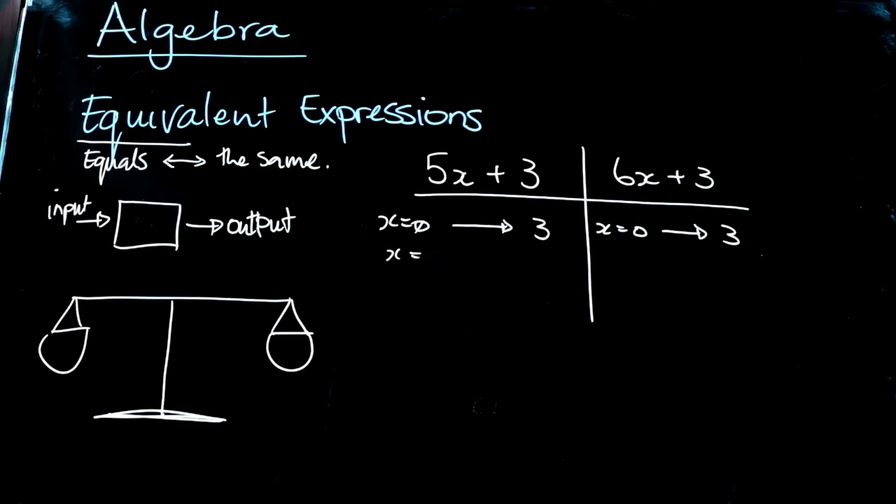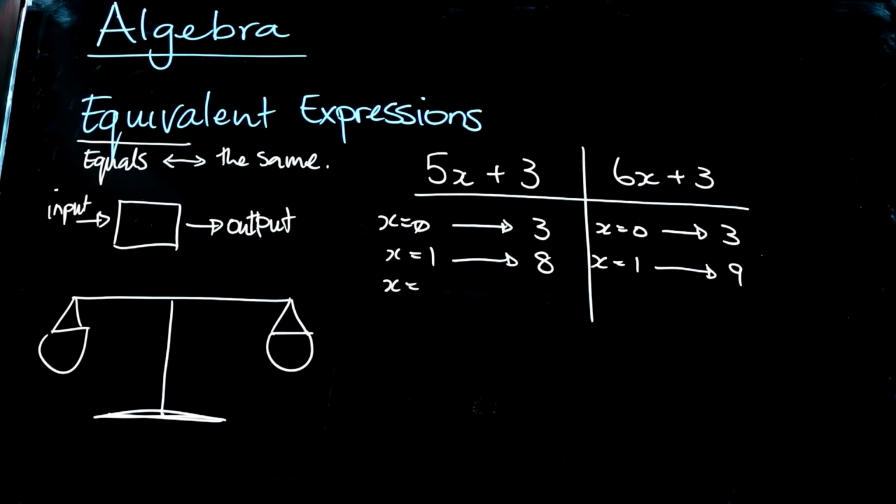So let's try another value. I'll try x equals 1 here. 5 times 1 is 5, plus 3 is 8. What do we get here? 6 times 1 plus 3 is 9. Whoops, they're not the same. So the balance tips over at this stage. We're putting the same number in, we're not getting the same answer out.